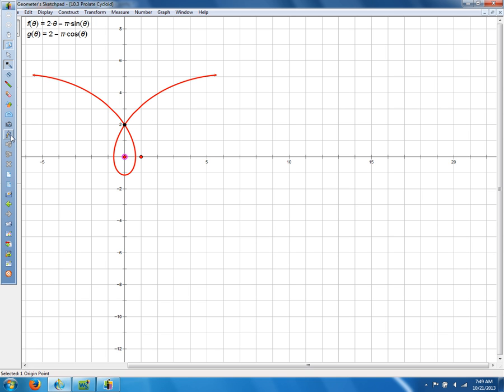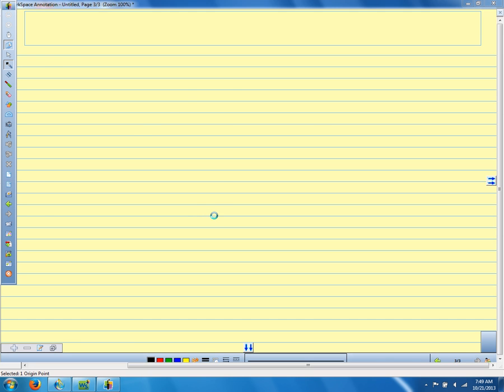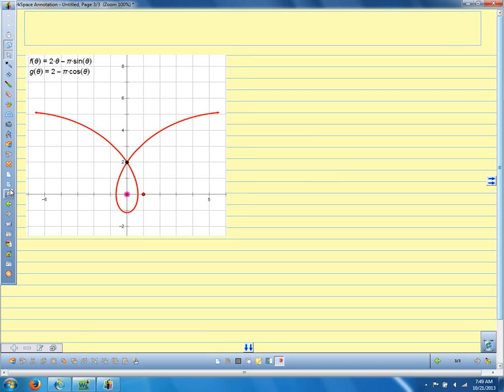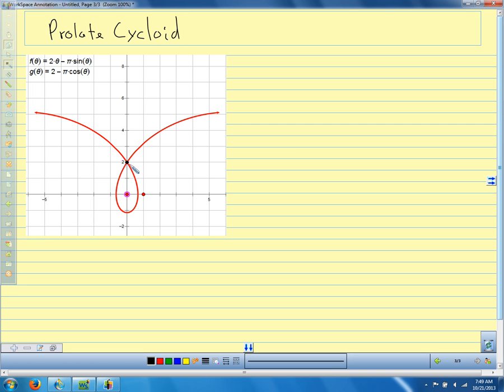So let me grab that picture of that. So this is a prolate cycloid. And it crosses itself here at this point. So at this point it's going to have two tangent lines.